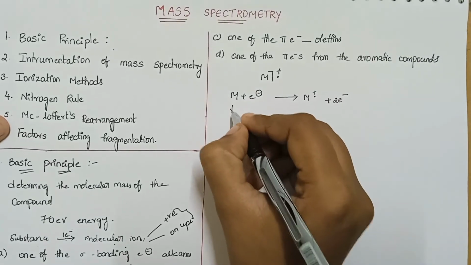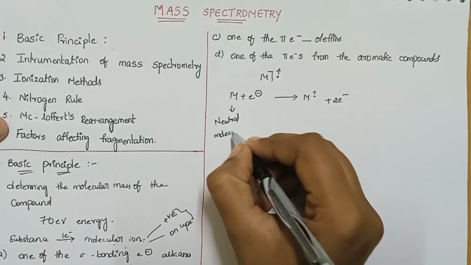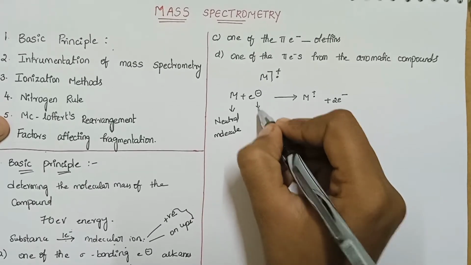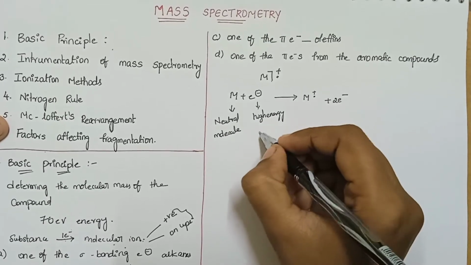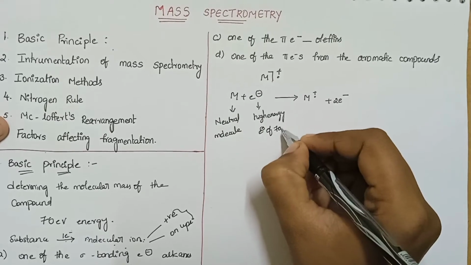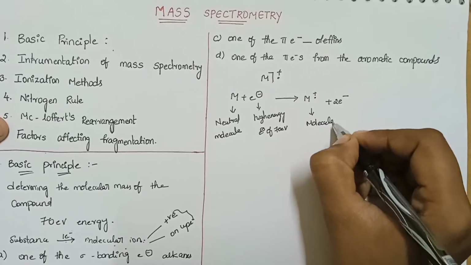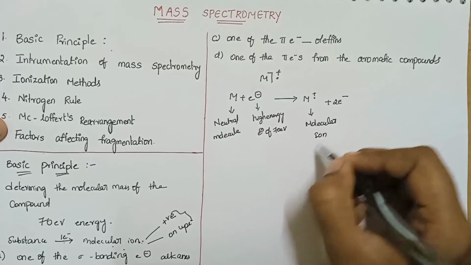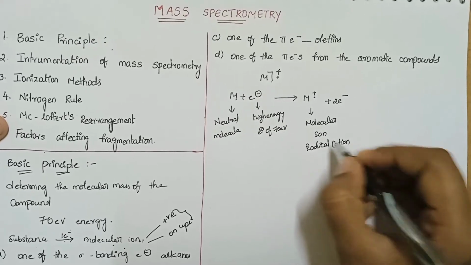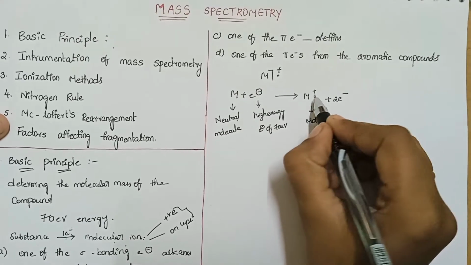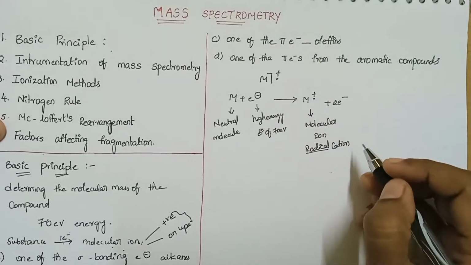That means M is a neutral molecule, and it is hit by high energy electrons of 70 electron volt. So it is a molecular ion or radical cation. Radical means, so this is a radical cation, so the molecular ion carries positive charge.